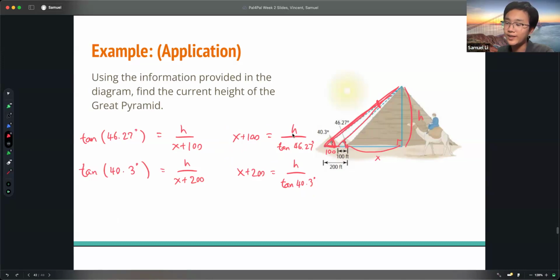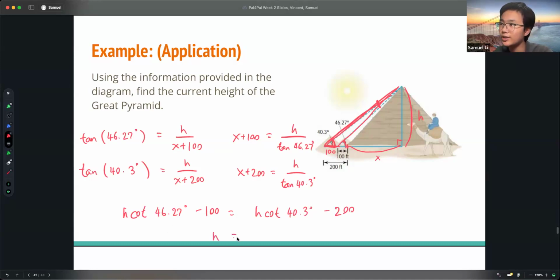Because that one variable is a constant, these two ways to compute it must be the same. So we get that h, I'll use cotangent, times cotangent of 46.27 degrees minus 100 is equal to h times cotangent of 40.3 degrees minus 200. So it just remains to solve for h.